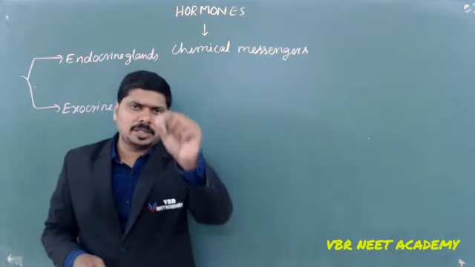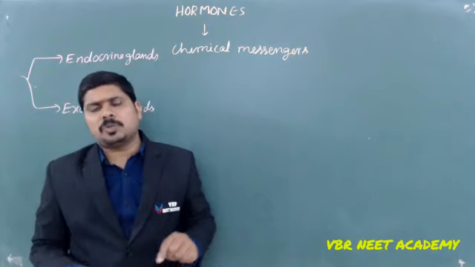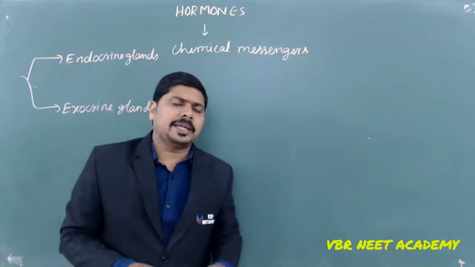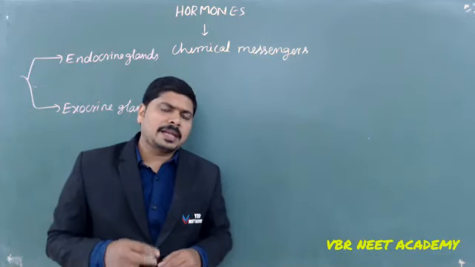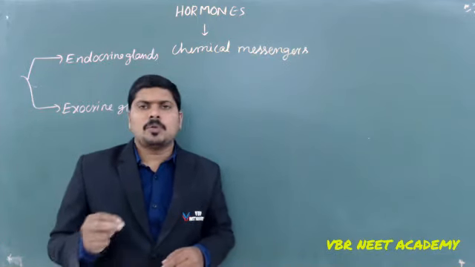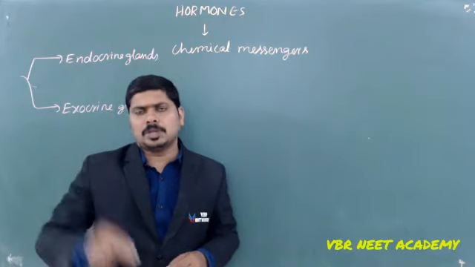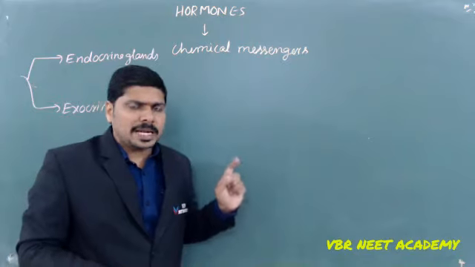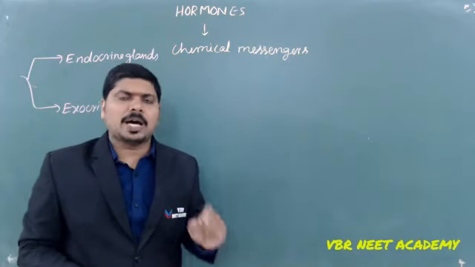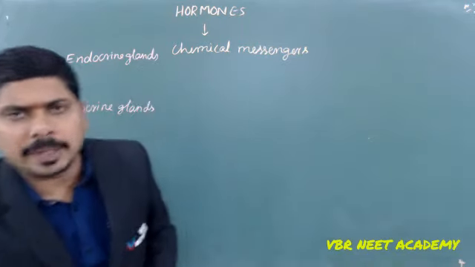Obviously, you are learning this in your biology. But here, what is important for me is their chemical nature: how the hormones can be classified, and what chemical compound these hormones are made up of. That is important for our chemistry concern, so we will go through that particular thing only. How are hormones classified based on chemical nature?